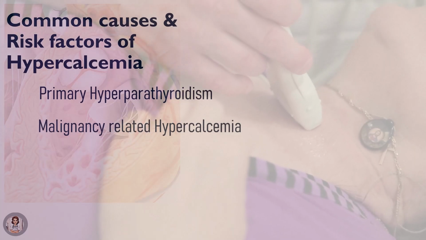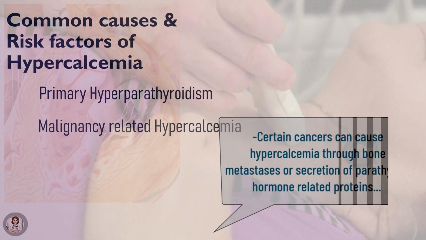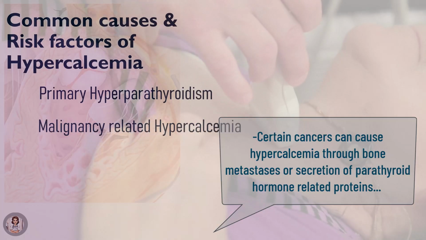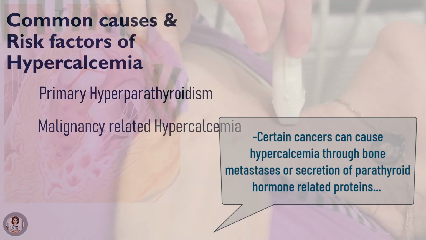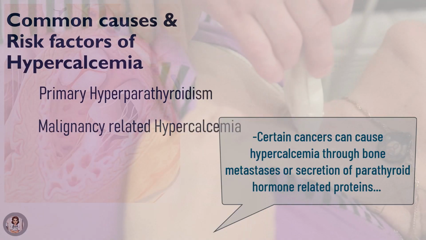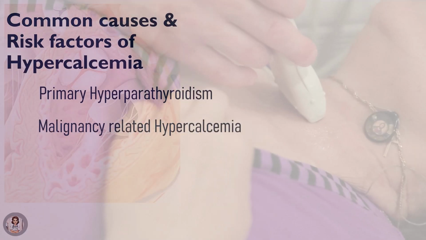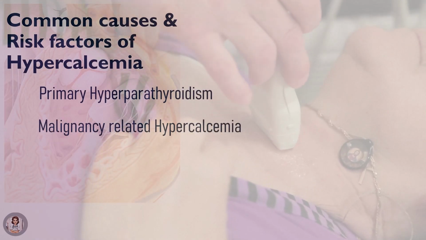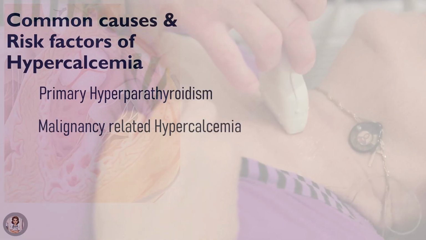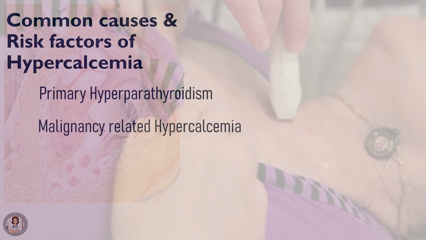There are certain cancers that can cause hypercalcemia through bone metastases or secretion of parathyroid hormone-related protein. With cancer-induced hypercalcemia, some cancers increase calcium levels by spreading to bones and releasing parathyroid hormone-related protein.